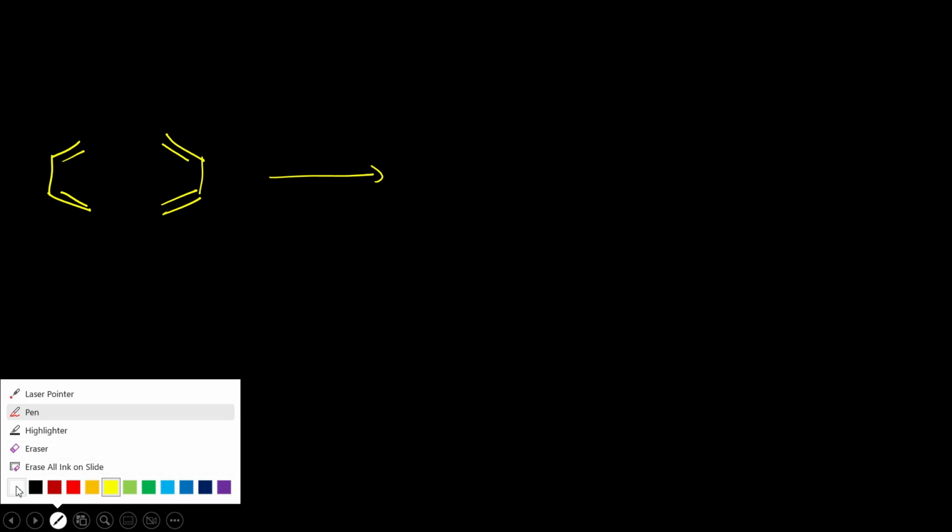Now the reaction mechanism tends to go towards a radical mechanism, because the weak pi bonds tend to break. So what happens here? This one forms a bond right here, this one forms a bond right here, and this one forms a bond right here. So we have a structure like this.